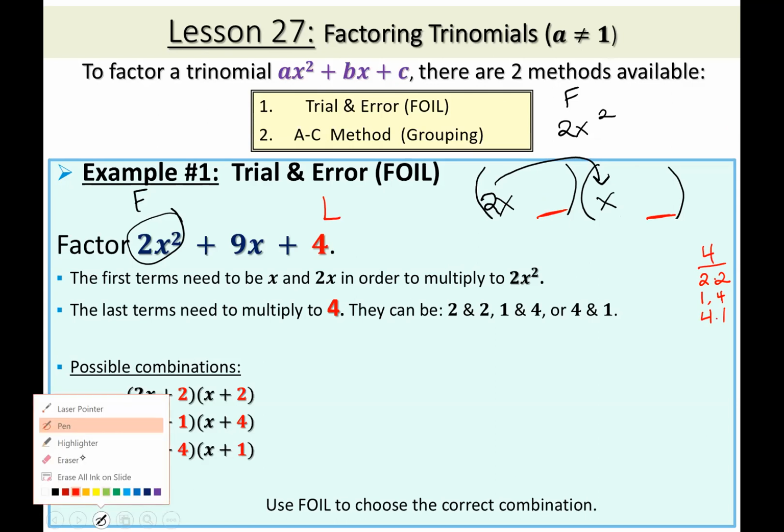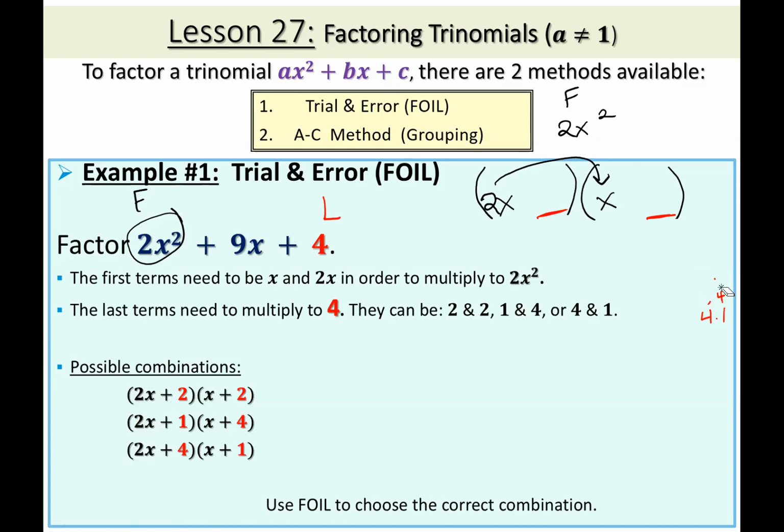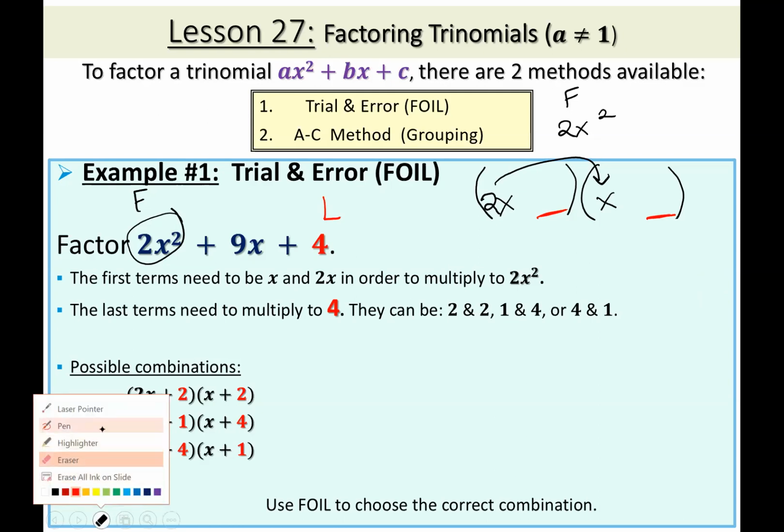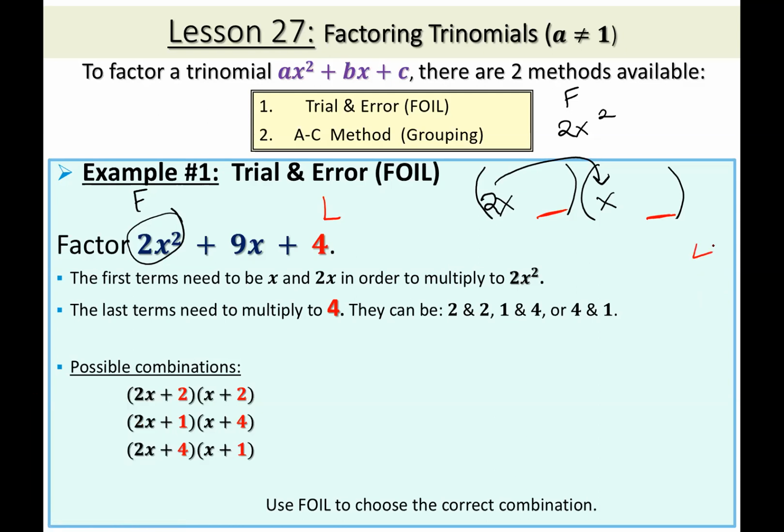That's just a little sloppy. But essentially what I'm trying to do is make a list of factors of 4. Let me do it in the order that I showed you last time. So 1 times 4, 2 times 2, 3, and then 4 times 1. I am going to list them kind of in order, but the order isn't really important as long as you have all the options there.